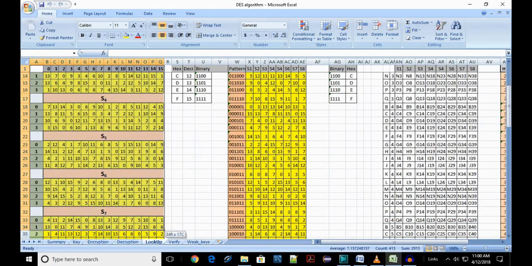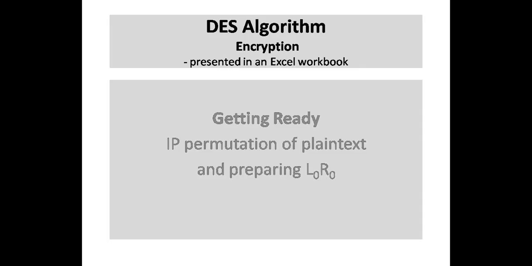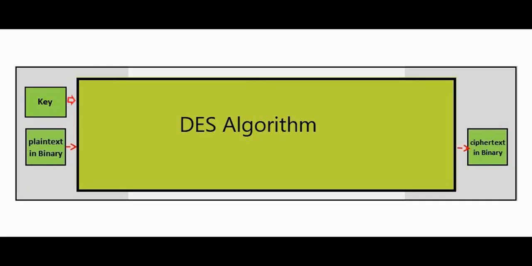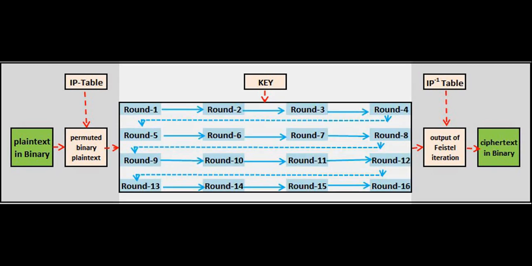The 8 substitution tables are available in the lookup sheet. Let us check what is inside the DES algorithm box. We begin with IP permutation, then move on to the 16 rounds of Feistel network.